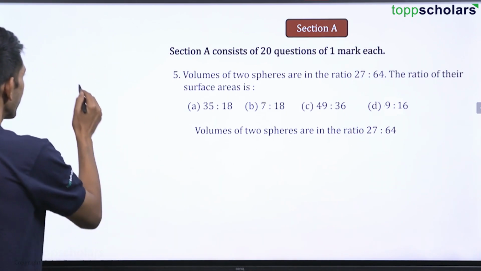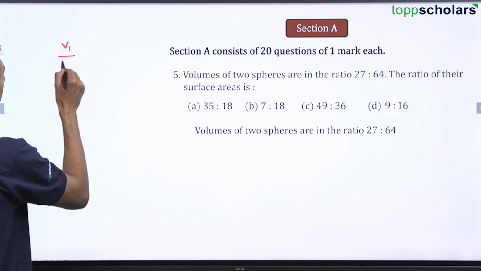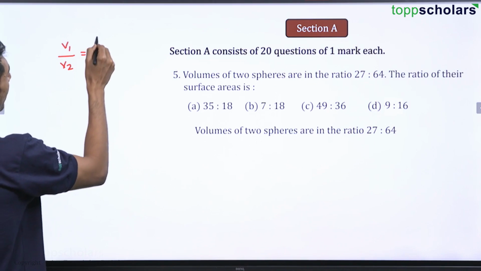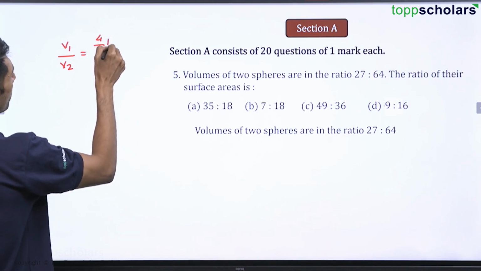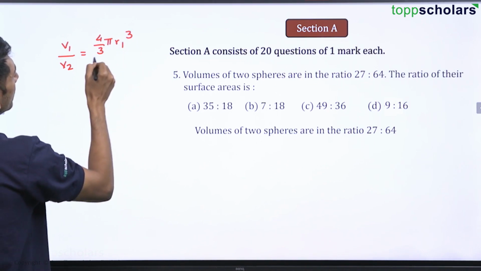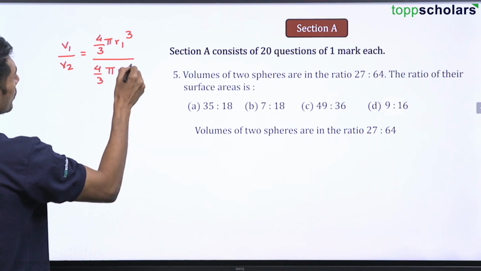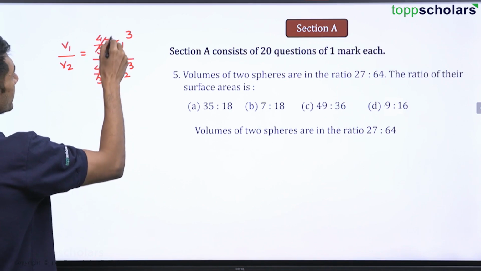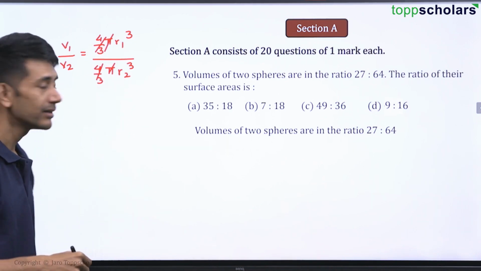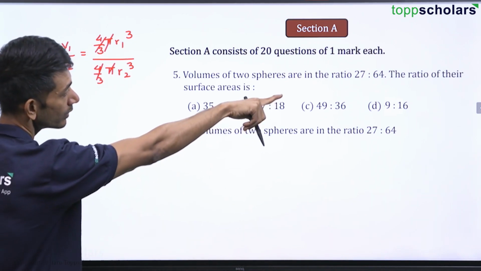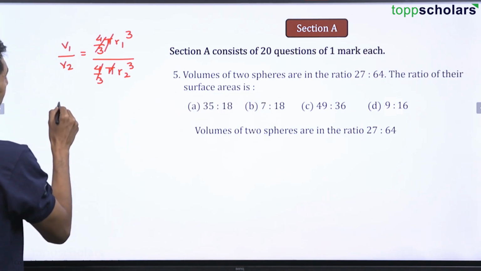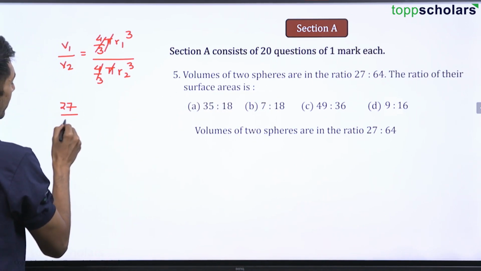So we have V1 by V2, right? So what will be V1 by V2? That will be 4 by 3 pi R1 cube by 4 by 3 pi R2 cube. So 4 by 3, 4 by 3, pi, it gets cancelled. After that V1 by V2, it is already given 27 by 64.